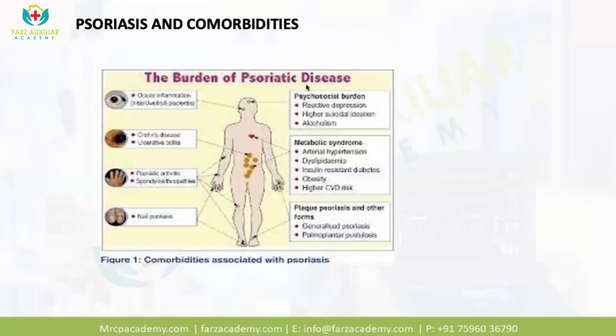We also know psoriasis is associated with increased psychosocial burden. The patient becomes more depressed, they have suicidal tendency, there's more incidence of alcoholism, and psoriasis can be associated with inflammatory bowel disease, and there can be anterior uveitis, as I mentioned before.